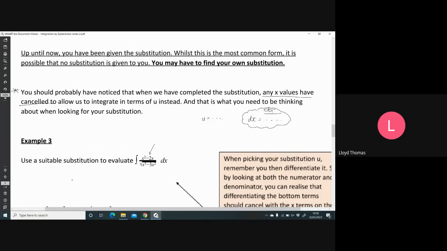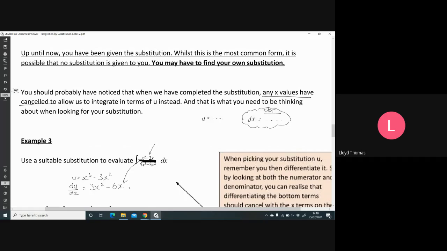So if I choose this bit underneath the integral here, x cubed minus 3x squared, then if I was to differentiate this, I end up with 3x squared minus 6x, which has some sort of relationship with this thing on the top.